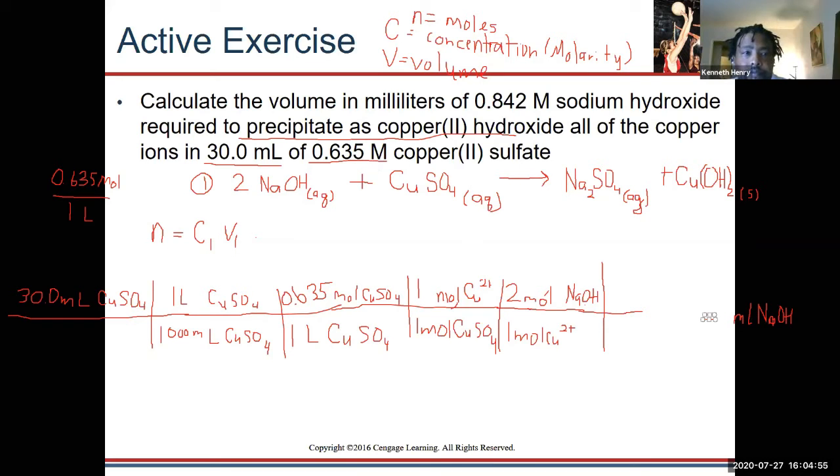So 0.842 moles over 1 liter, and that's NaOH.